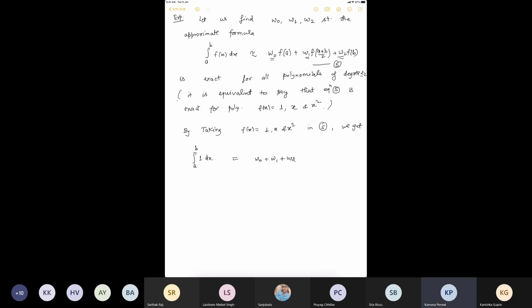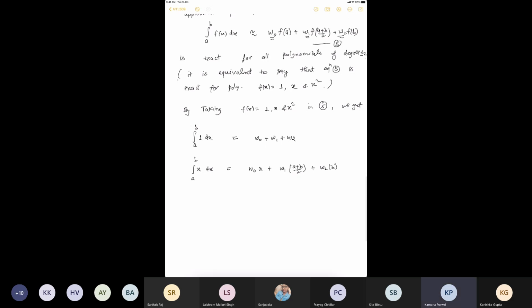Okay. Likewise, we will have the integral of x dx. This will be W0 a plus W1 (a plus b)/2 plus W2 b. And the third equation is going to be the integral from a to b of x squared dx, which is equal to W0 a squared plus W1 ((a plus b)/2) squared plus W2 b squared, right?